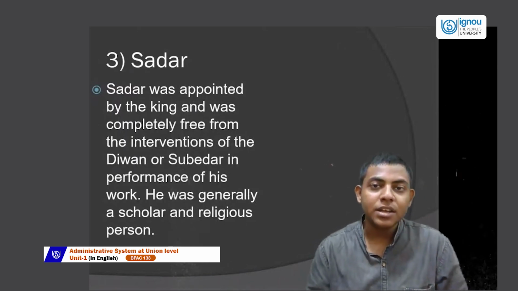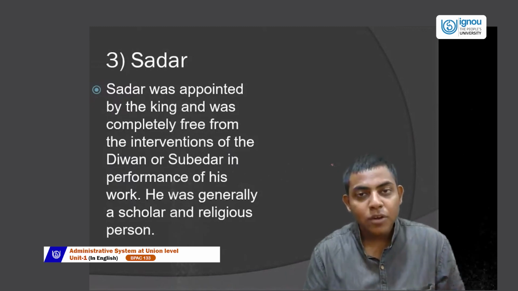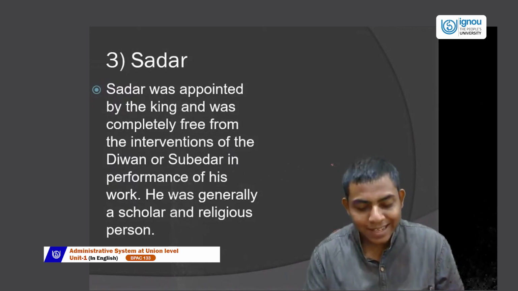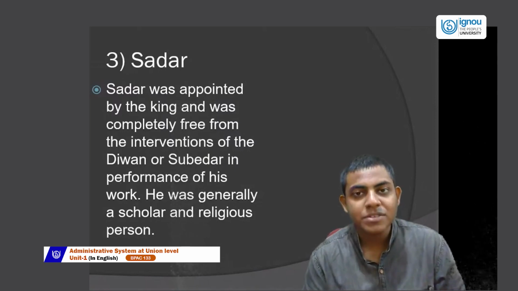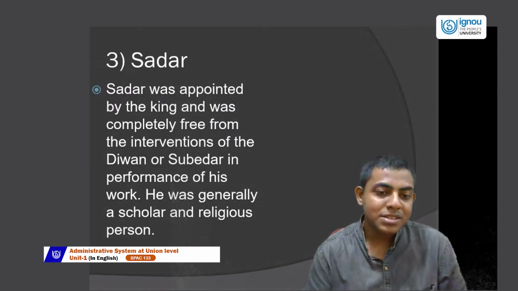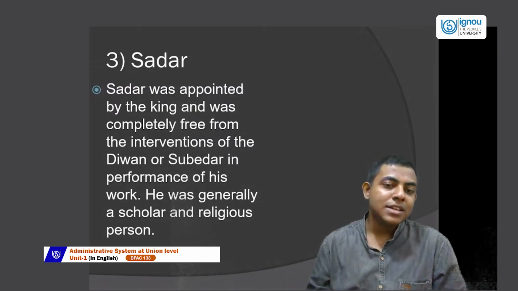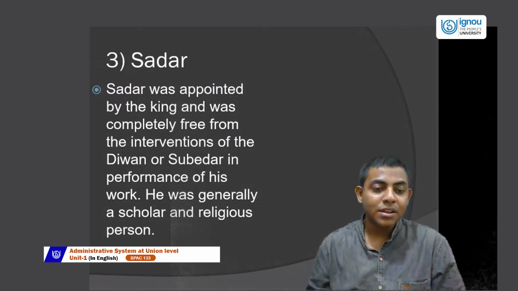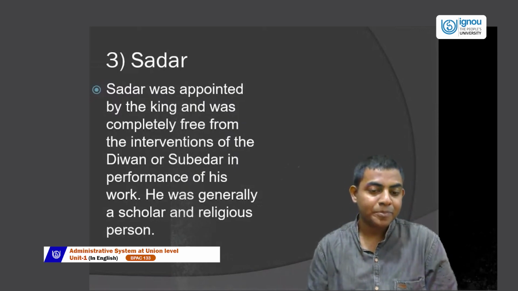It is enshrined in Article 50 of our Constitution, that is a part of the directive principles of state policy, that there shall be a separation between executive and judiciary in the services of the state. Something similar to that was there during the Mughal period, as the Sadr at the provincial level was free from intervention by the Diwan or the Subedar.